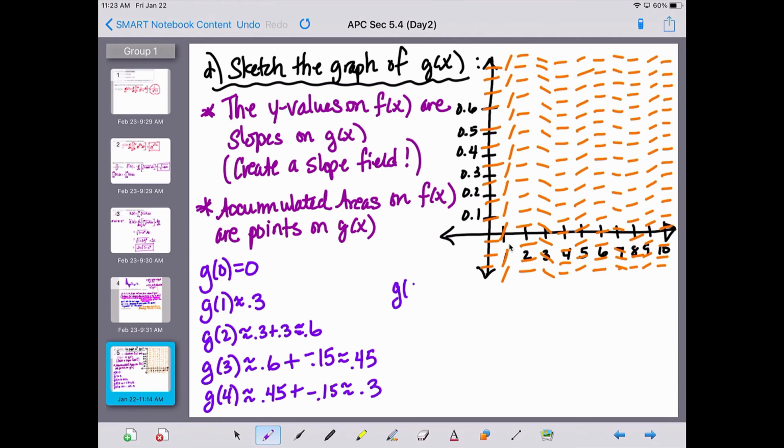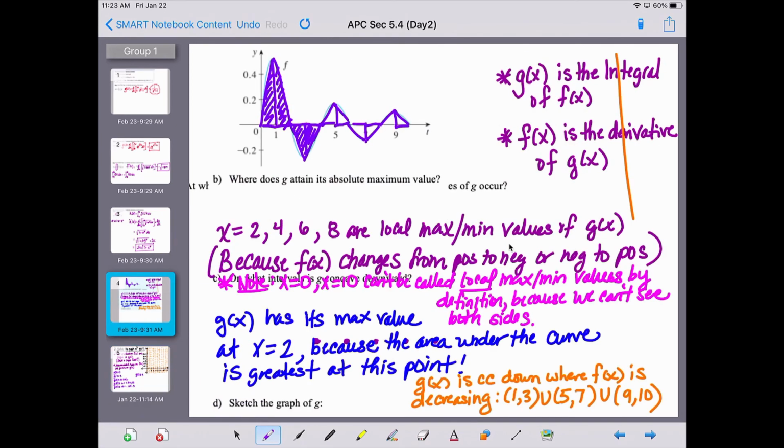Keep going. G of 5 is approximately equal to the cumulative area plus what's next. Well, let's see what triangle's next. Now I jump above. And again, this is like 0.1 high times 1 times 1/2. So basically 0.05 positive.